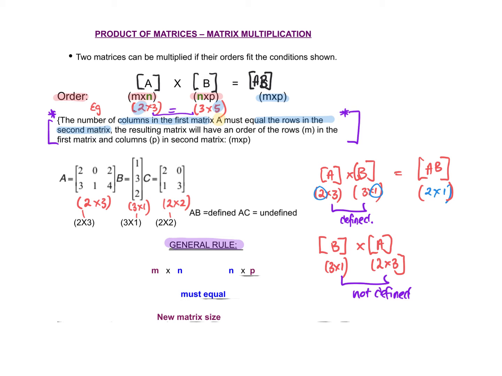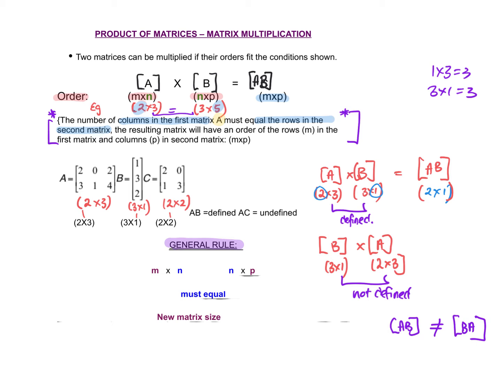AB is not the same as BA. They're different. In normal maths, 1 times 3 equals 3 and so does 3 times 1, and it doesn't matter. But in matrices, the order, which one comes first, is extremely important.